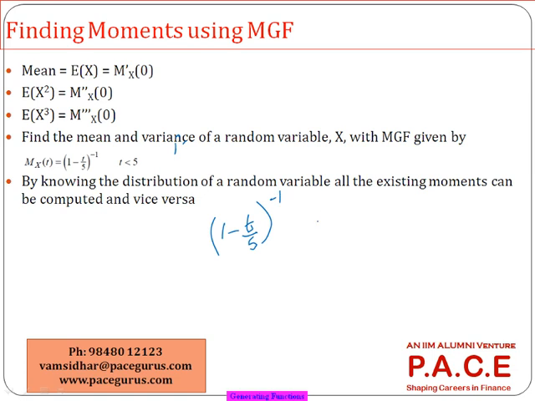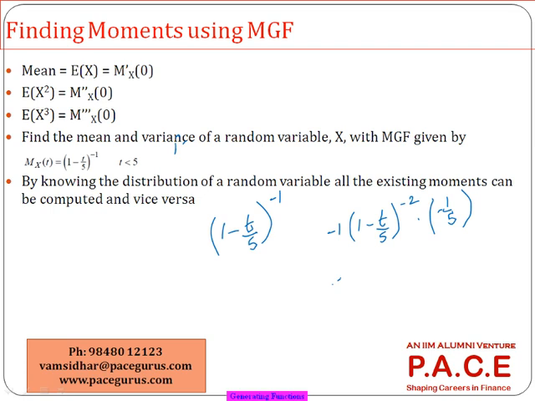So what is the derivative of this? Minus 1 into 1 minus t by 5 to the power minus 2, into the derivative of the inside one, which is minus 1 by 5. I substitute t equal to 0 here.